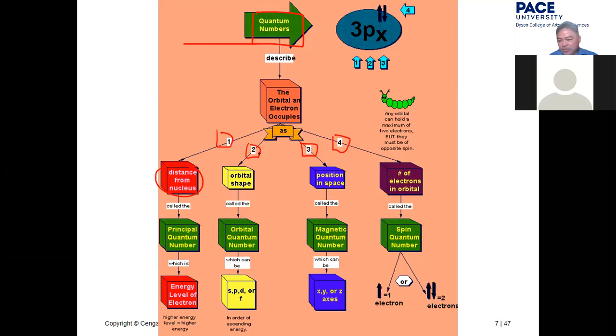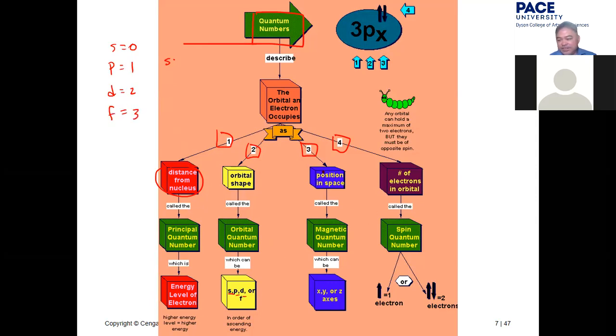The second quantum number, the angular momentum, is the orbital shape. It can be an S, a P, a D, or an F. So an S equals 0, a P equals 1, a D equals 2, and an F equals 3.